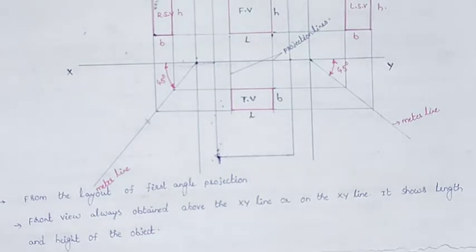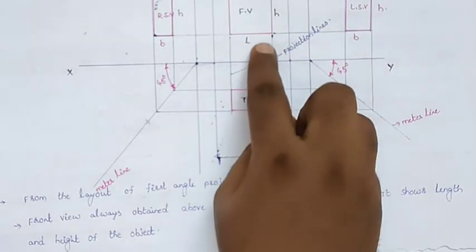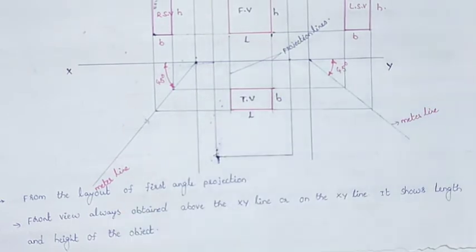In the first angle projection, the front view is always obtained above the reference line, or on the XY line. The dimensions of the front view are shown as length and height of the object. The top view is always obtained below the reference line, or on the XY line.